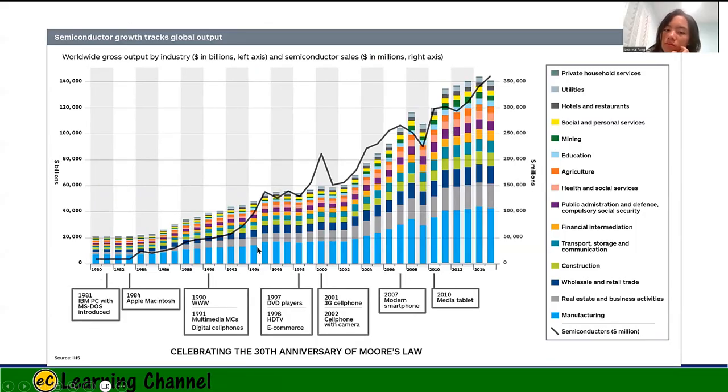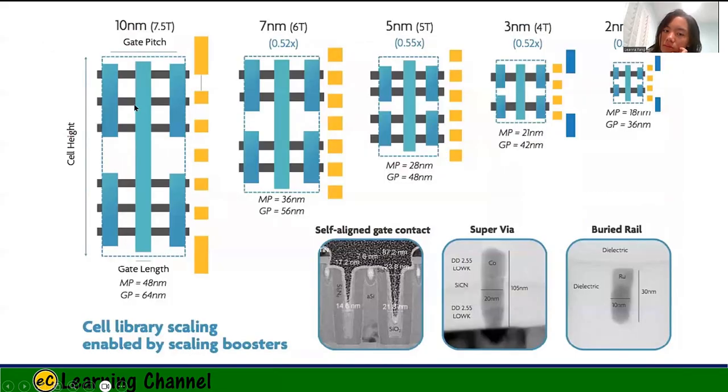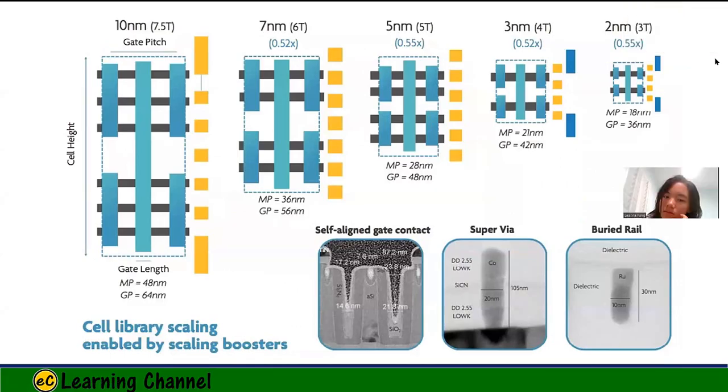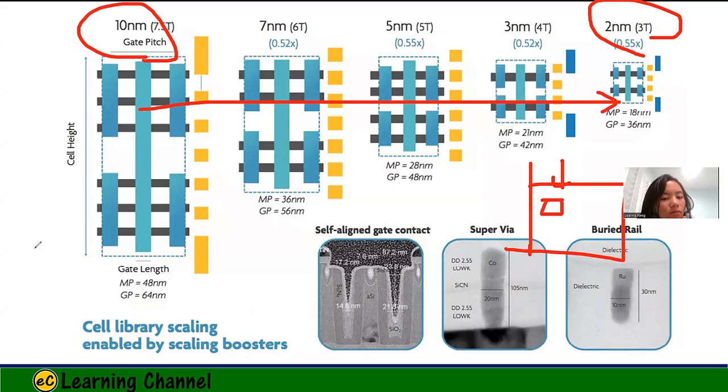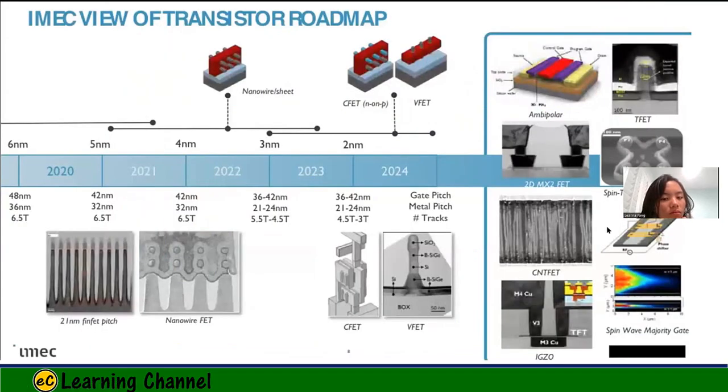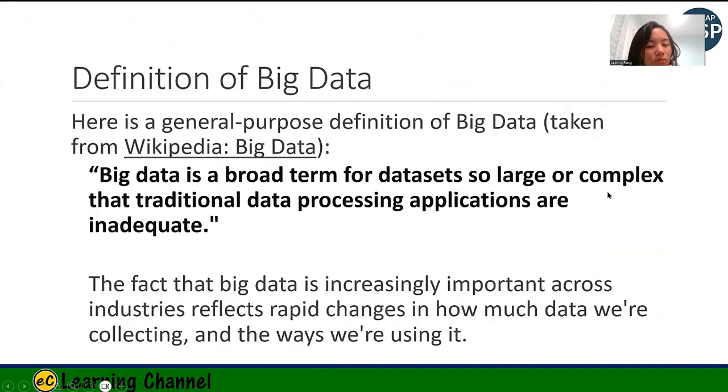Okay, so these are the trends of the AI, and this tells you your semiconductor transistor from 10 nanometer down to 2 nanometer is getting smaller and smaller. So each IC chip actually puts more transistors in there when they get smaller. Okay, so these are the IC manufacturing technology.